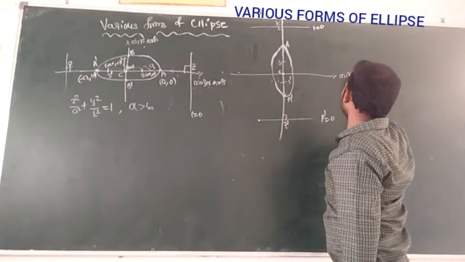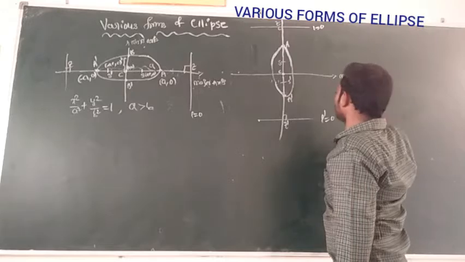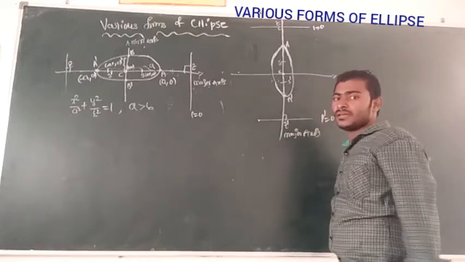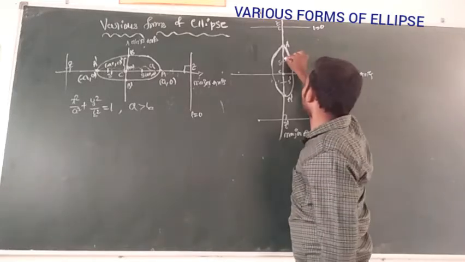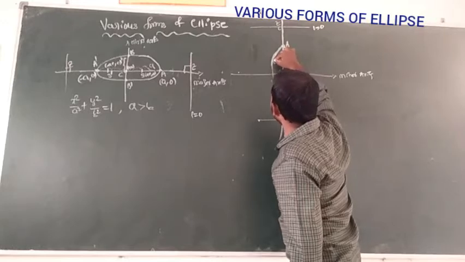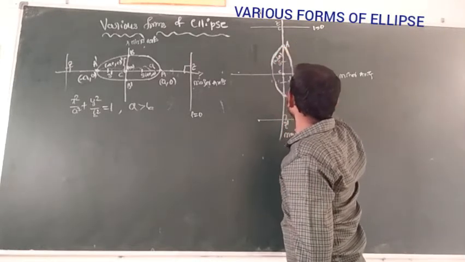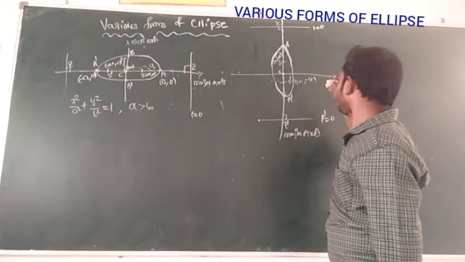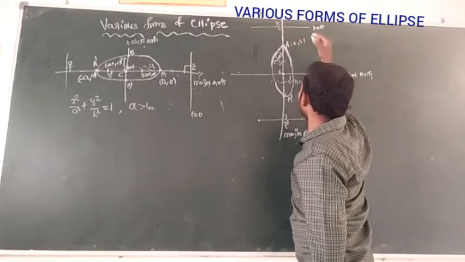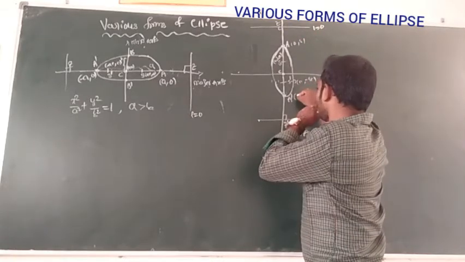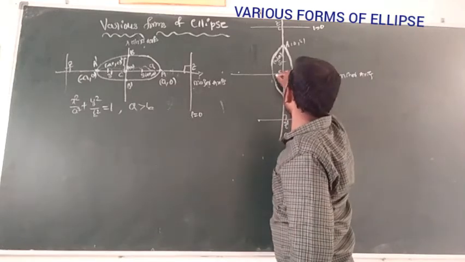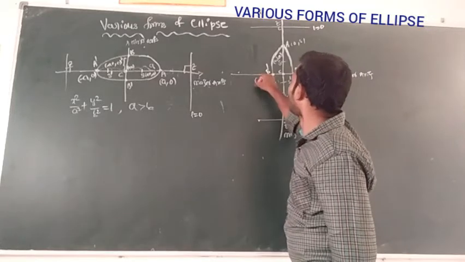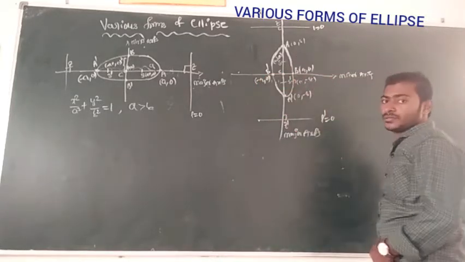In this case it is the minor axis, and this is the major axis. The foci are 0 comma be and 0 comma minus be, and here this is B and B dash, it is A comma 0 and also minus A comma 0.